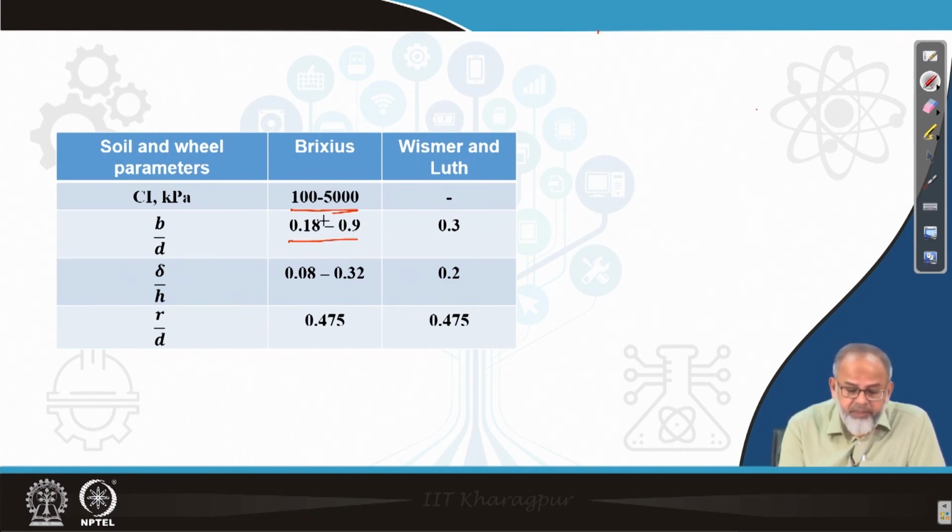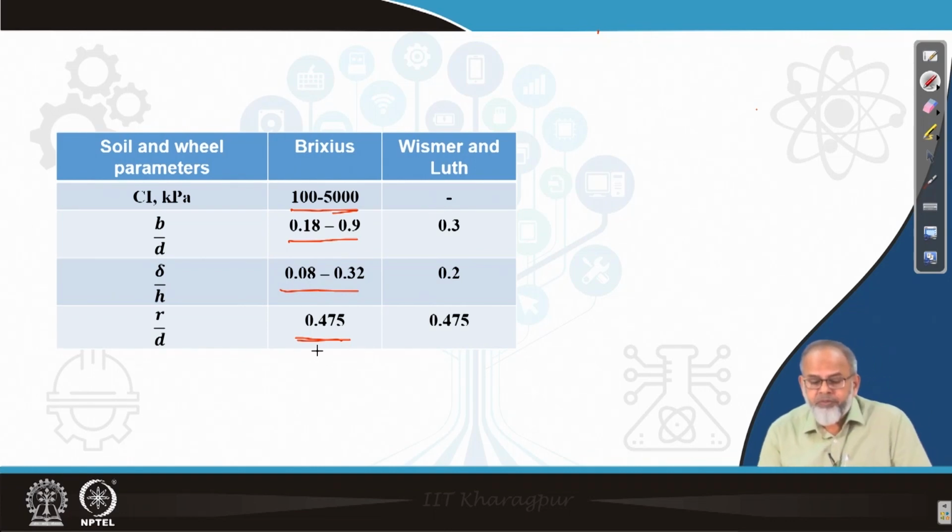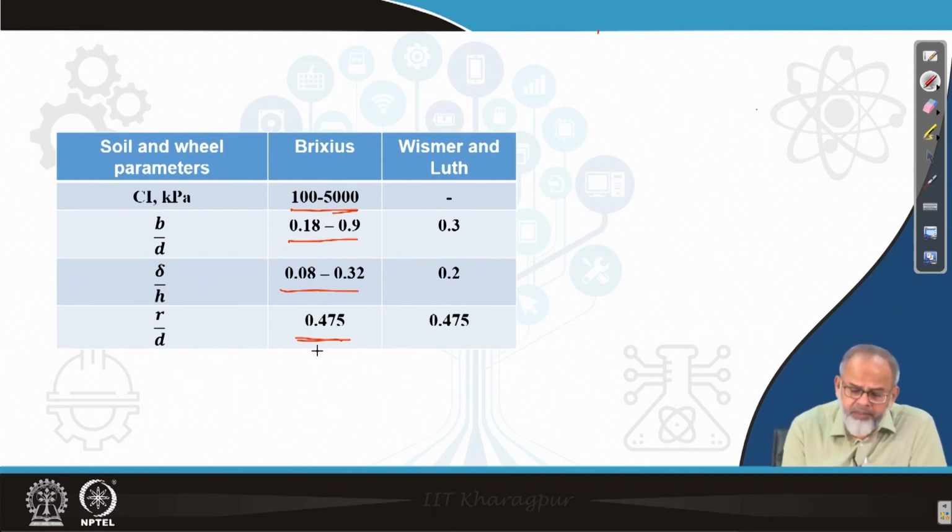That is the range. Del by H ratio is from 0.08 to 0.32, and R by D ratio is almost constant, 0.475.